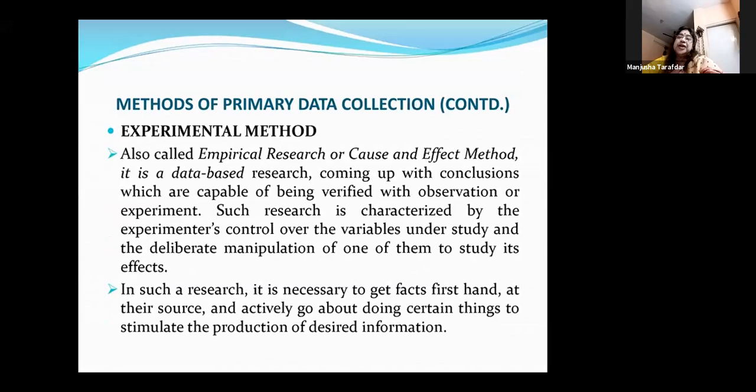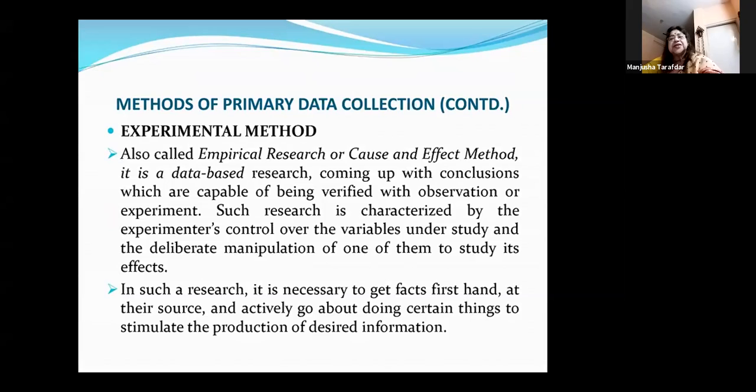Then the experimental method. We also call it the empirical method, empirical research, or cause and effect method. It is data-based research coming up with conclusions which are capable of being verified with observation or experiment.